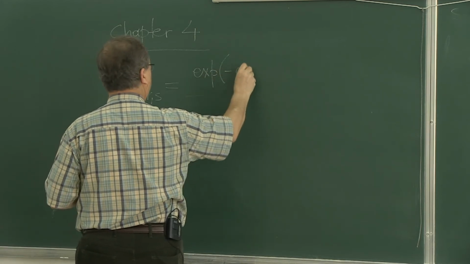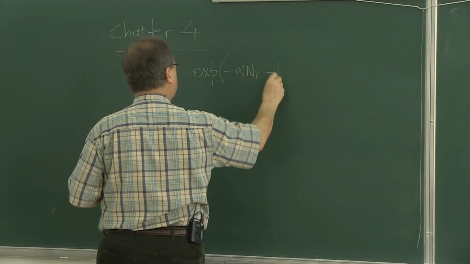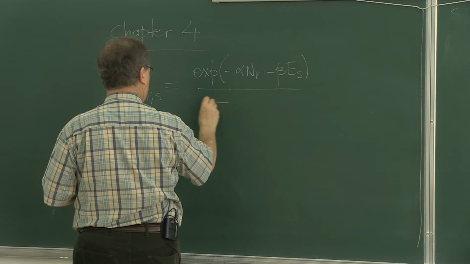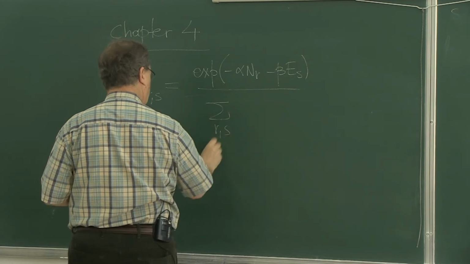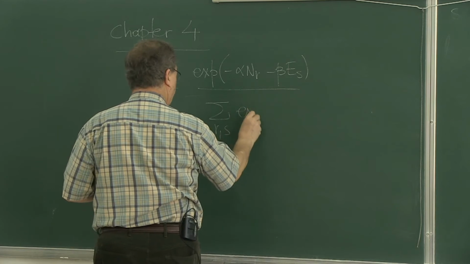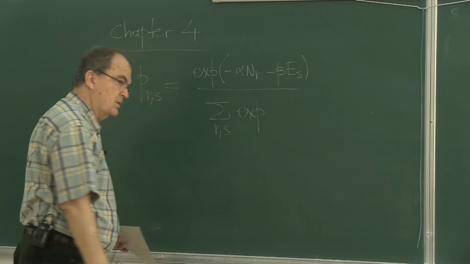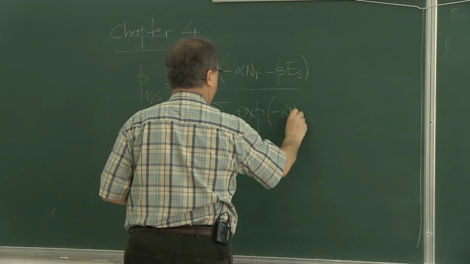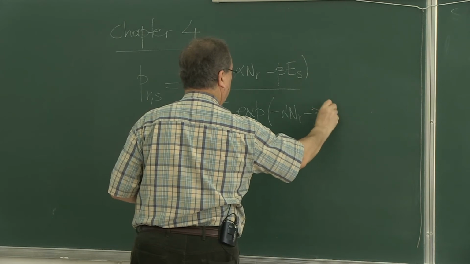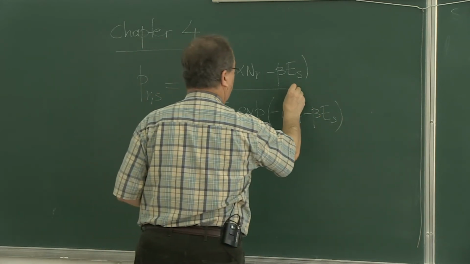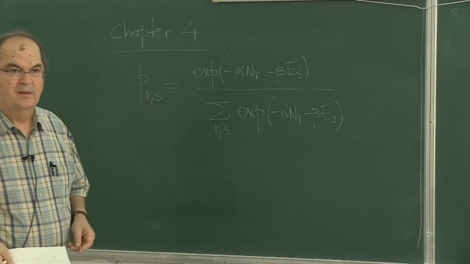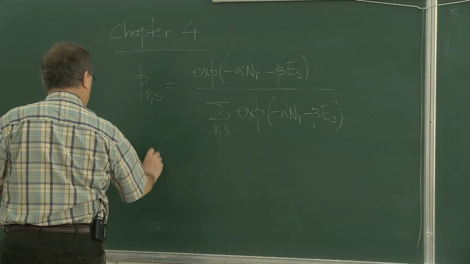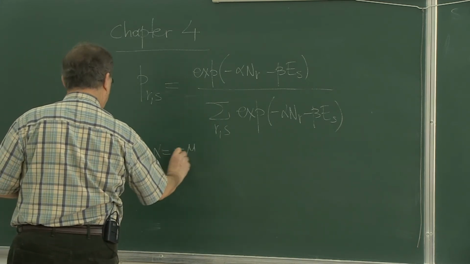Exponential of minus alpha N_R minus beta E_S, divided by the normalizing factor, which is also known as the grand canonical partition function, where alpha was defined to be minus mu over kBT.